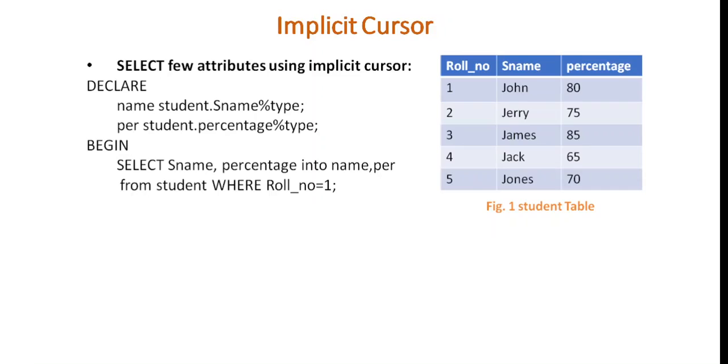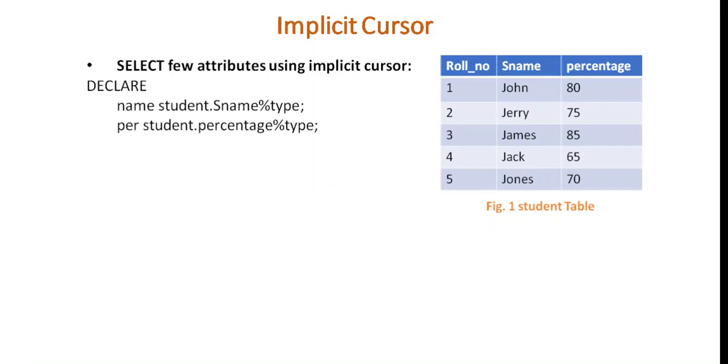Now when this query appears in your PL/SQL block, an implicit cursor will get created automatically. That implicit cursor will fetch data from the sname attribute and percentage attribute, and store that data into the name variable and per variable for the student where roll number equals 1. Means it will fetch data for a single student. As we have already seen, an implicit cursor is used to fetch a single row at a given time.